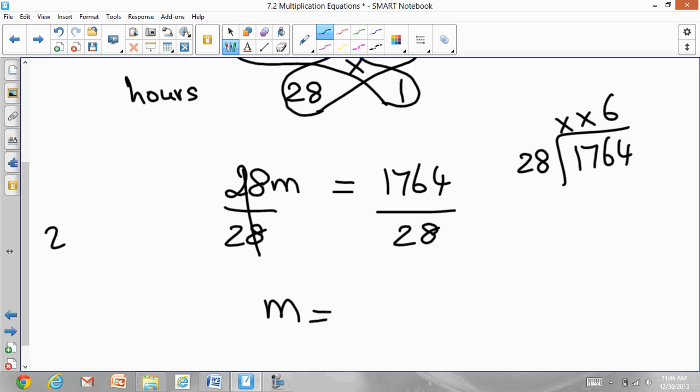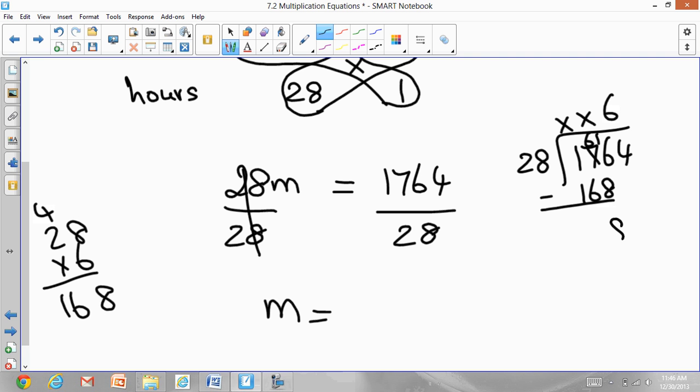And 28 times 6 is 168. So I'm going to go over here and subtract 168, and I need to borrow. So 16 minus 8 is going to be 8. Bring the 4, and 28 goes into 84 three times. So in this case, it's going to be 63.